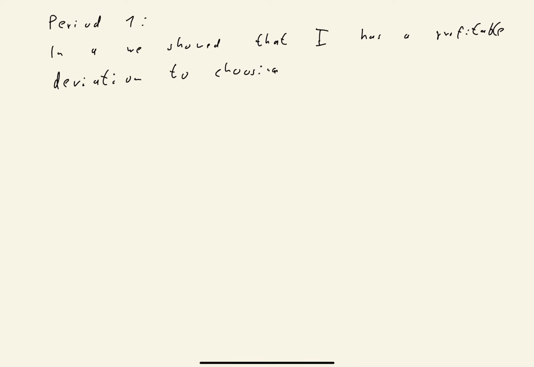In A, we showed that the incumbent has a profitable deviation to choosing policy A for both types if and only if delta times 1 plus r is strictly larger than 1. Or was it the other way around? Let me just check to be sure.